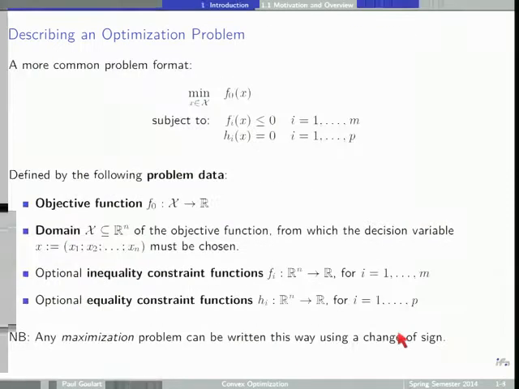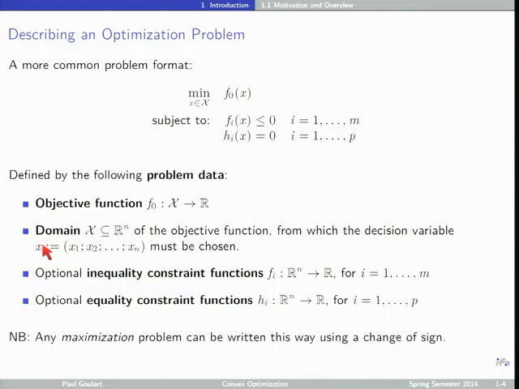Okay, so now, if I'm thinking specifically about problems where I'm optimizing over vectors in Rn, then it's a little easier to be clear about what my constraints are. So instead of writing it as I did on the previous slide, I write it this way. I take my decisions and I call them x. And right here, the domain of my decisions is script x, which is Rn. So I have a number of decisions.